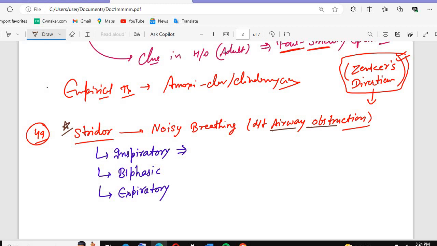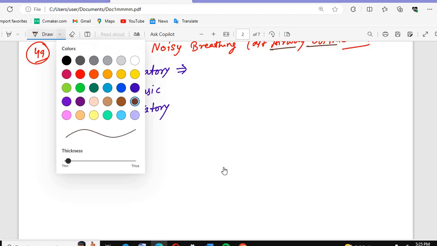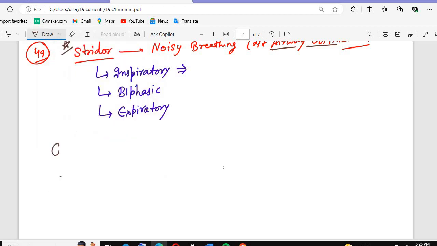So in case of inspiratory stridor, we are having the glottis. Okay, before coming to that, let's discuss the glottis. What is the glottis? The glottis is our true vocal cord. If somebody says to you, speak out, or if I say in the class, speak out, where are you speaking from?